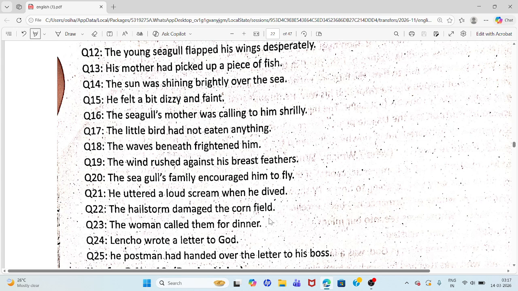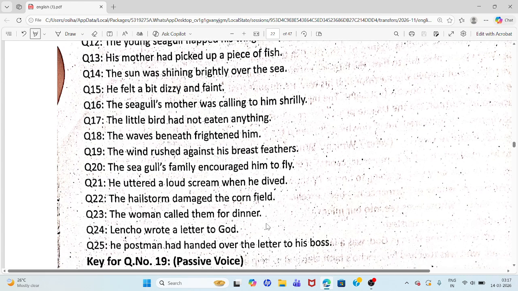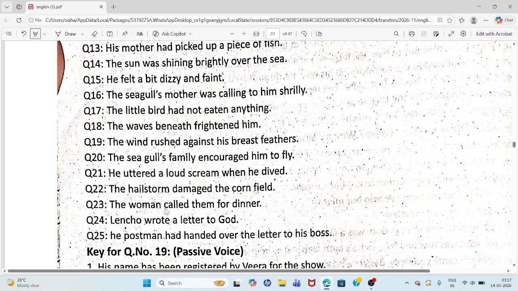In passive voice, the cornfield was damaged by the hailstorm. Question 23. The woman called them for dinner. In passive voice, they were called by the woman for dinner. Question 24. Lenko wrote a letter to God. In passive voice, a letter to God was written by Lenko.